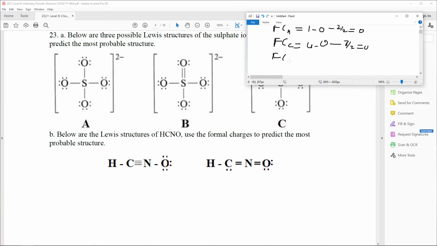Formal charge of the nitrogen has by default 5 electrons, minus lone pairs 0, minus it's bonding 4 times again, so 8 over 2, this is 5 minus 4, this is plus 1.